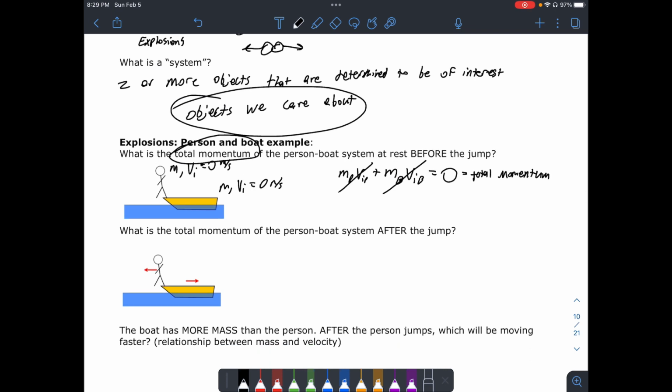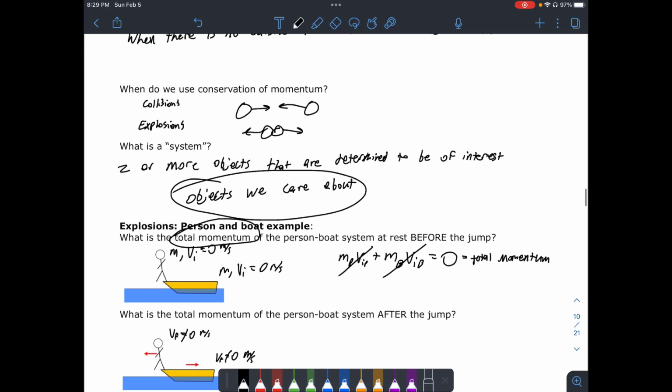Now, after the jump, we are going to have a velocity for our person that is not 0, which is called v_f is not equal to 0. And our boat is also going to have a non-zero velocity.